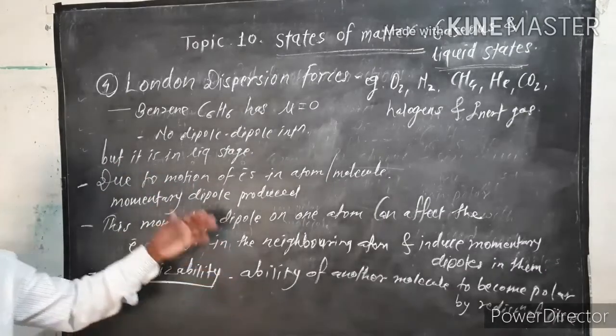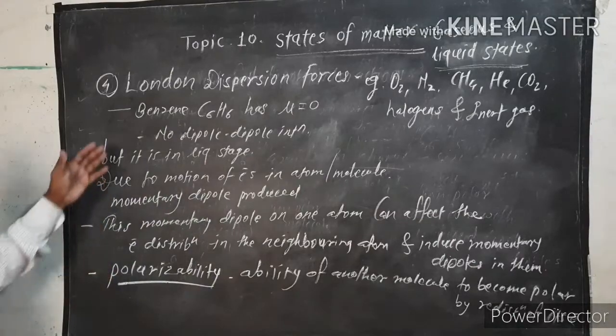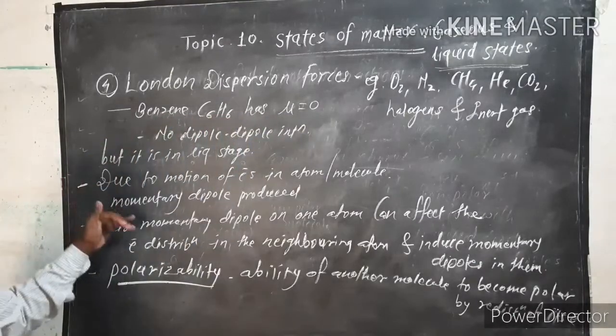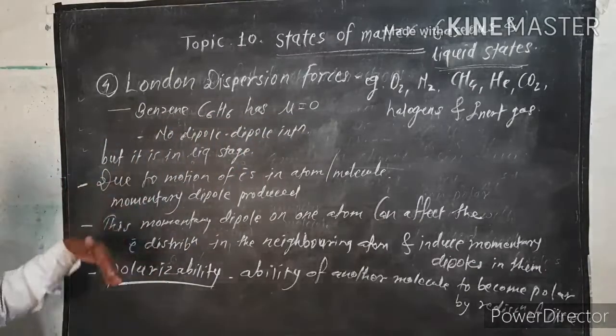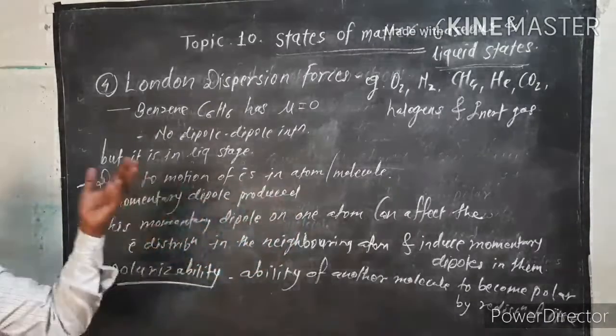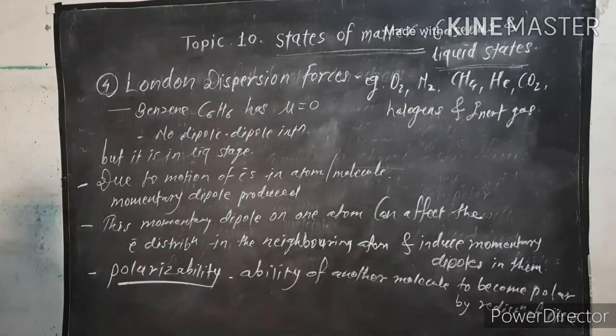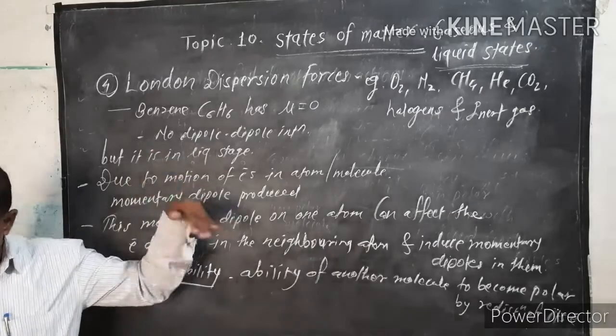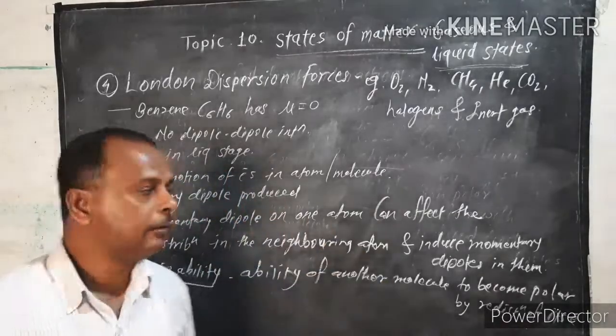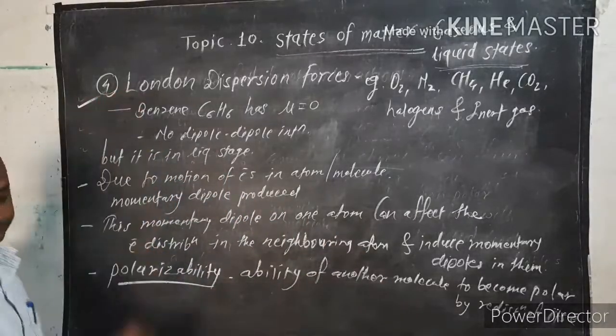That's why the more spread-out structure has more London dispersion forces. Okay. So London dispersion forces also depend upon the size of molecules, molecular mass, and the number of electrons present in the atom or molecule.